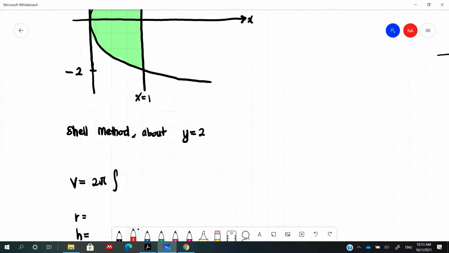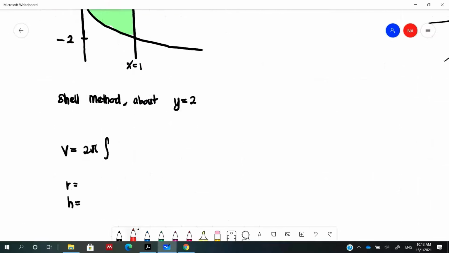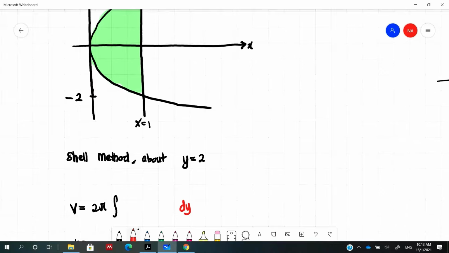We know that when it is rotated about a horizontal line, the volume should be in terms of y now, right? So dy, because it is the shell method, not dx. Don't misunderstand this, and don't interchange it with the disk or washer method. Don't get confused by that.